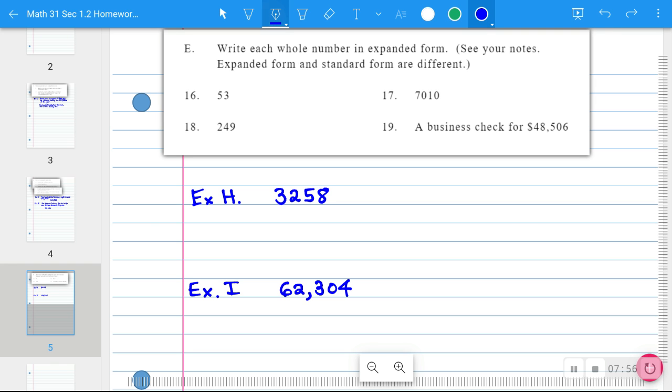So you're actually going to write it like that. You're going to say 3,000 plus the 2 is in the hundred spot, so it's really 200. The 5 is in the 10 spot, so that's really 50. And then 8 more added onto it. So there's the expanded version of that number.